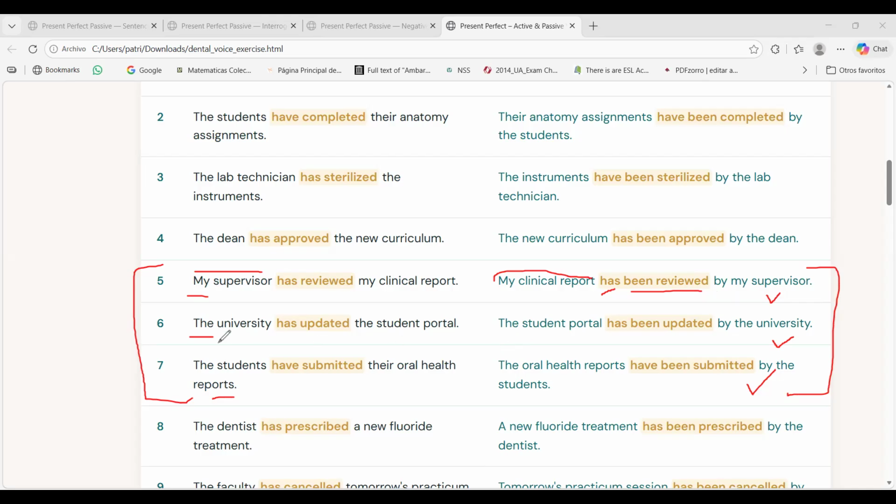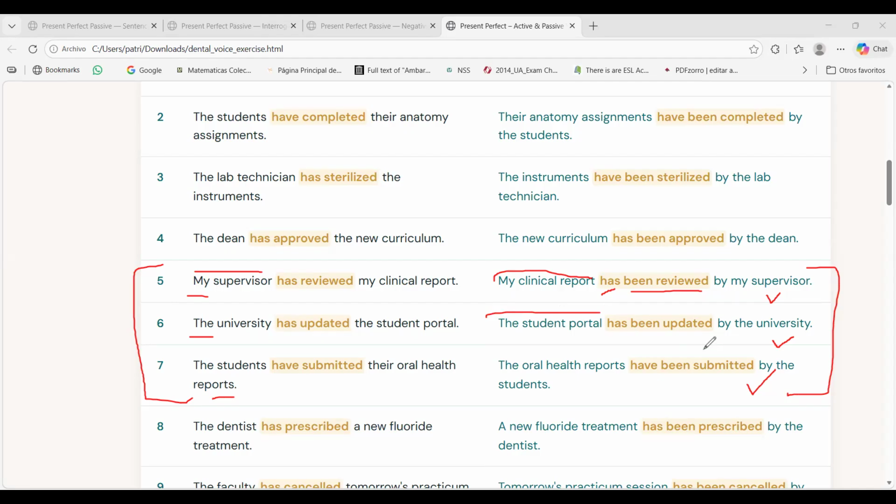The second, the university, the institution, with new content has updated the student portal. Then the student portal has been updated by the university.